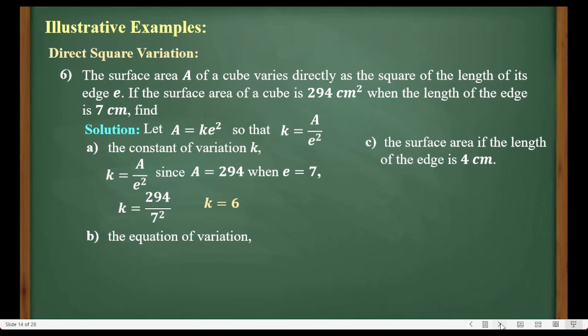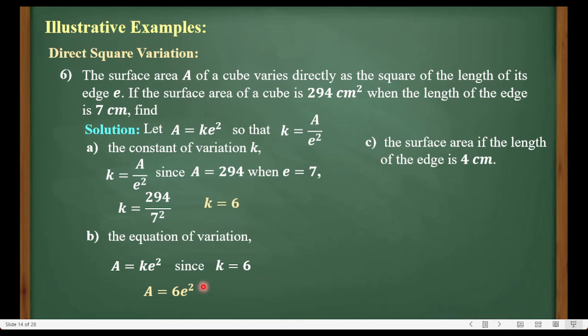Okay. Next. What is the equation of variation? Again, we go back to this translated equation and we replace k by its obtained value, which is 6. And the equation of variation would become A is equal to 6e squared. Next, letter C, the final surface area if the final edge is 4 centimeters.